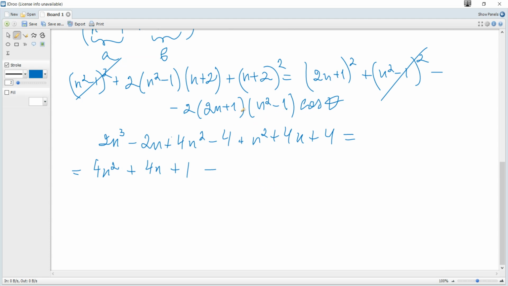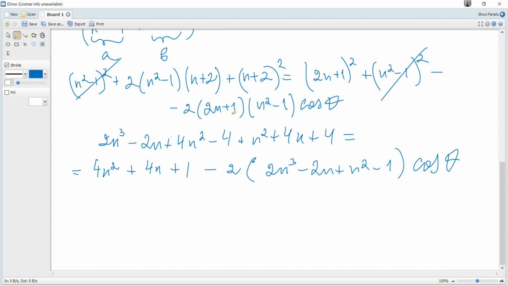let's expand this. So it becomes what? Or actually let's keep this minus 2, and it becomes 2n cubed minus 2n plus n squared minus 1 and cosine theta.